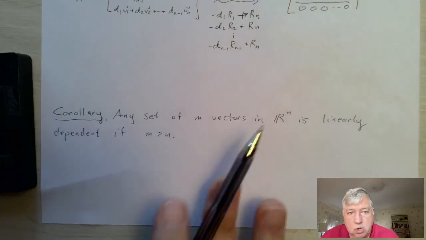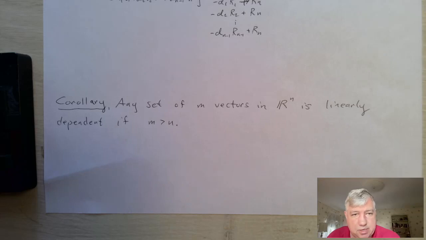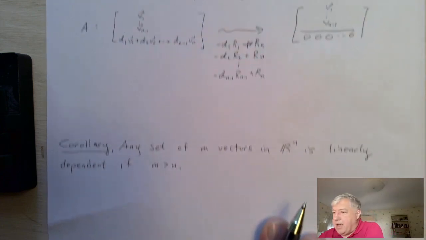Now, a nice little corollary of this, or a direct consequence of this, is that any set of m vectors in Rn is always going to be linearly dependent as long as m is bigger than n.